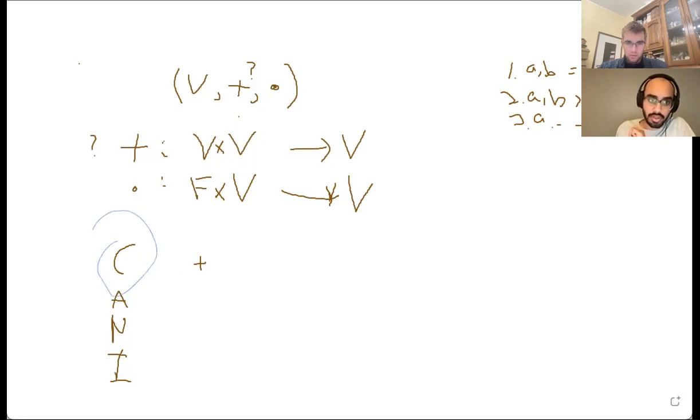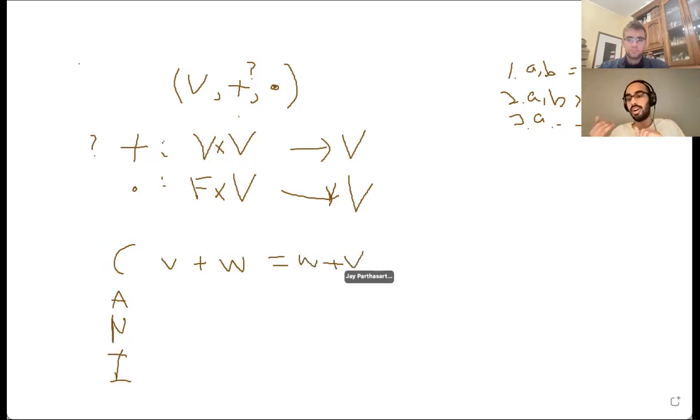This one stands for commutativity. It's basically saying that V plus W equals W plus V, right? This holds for addition. We'll go through this list and see what it discounts, and clearly it discounts subtraction and division, right?